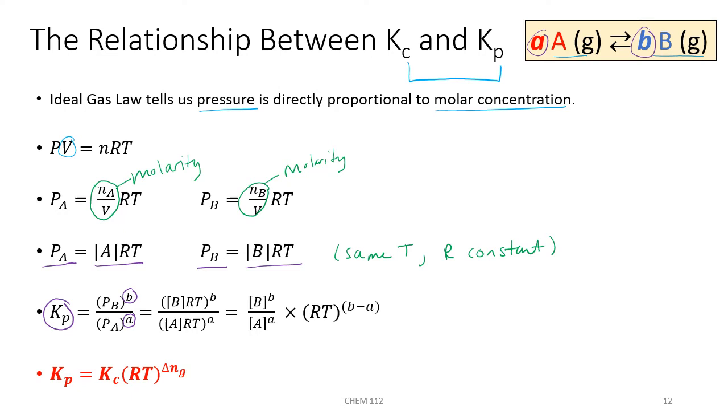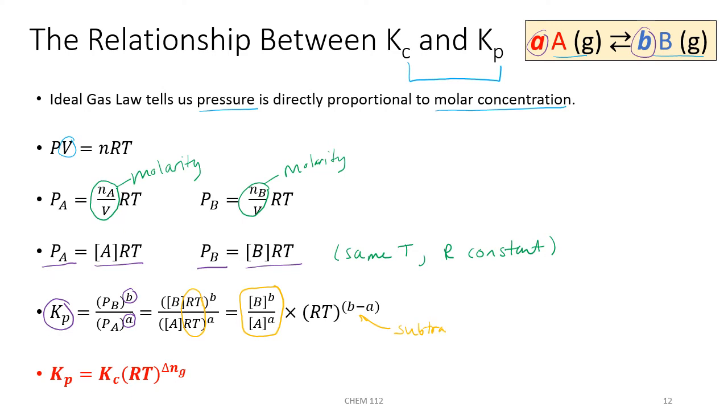Pulling out then that R and T term, because those are constants, they're the same for the reaction. That leaves us with B over A, each raised to the little b and the little a, times R times T raised to b over a. And when you have exponents that are raised to one another and they're divided, you can end up subtracting them.